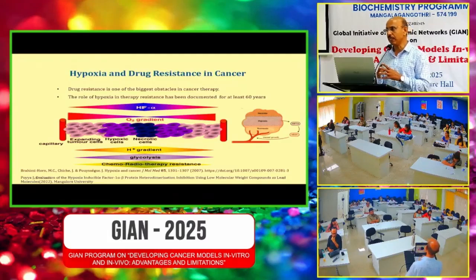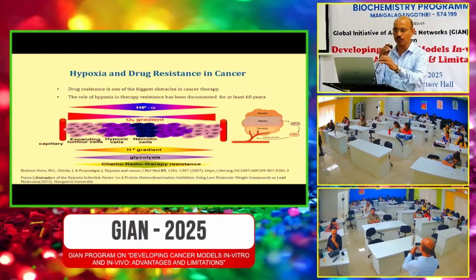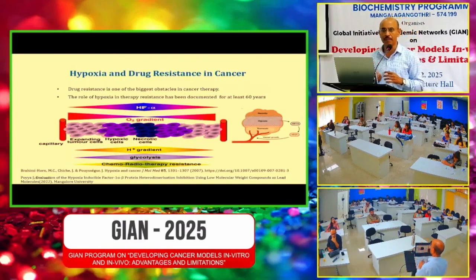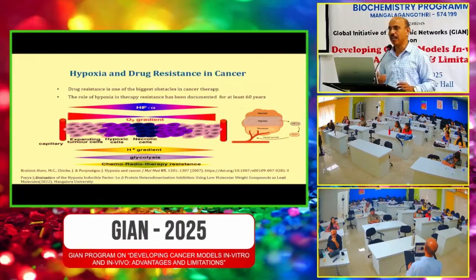At the same time, hypoxia is related to many aspects. Some of you might have observed that even in anemia there is a hypoxic condition. The person finds difficulty breathing because with fewer RBCs, he or she cannot get proper oxygen to the body, and all the symptoms of hypoxia can be observed.